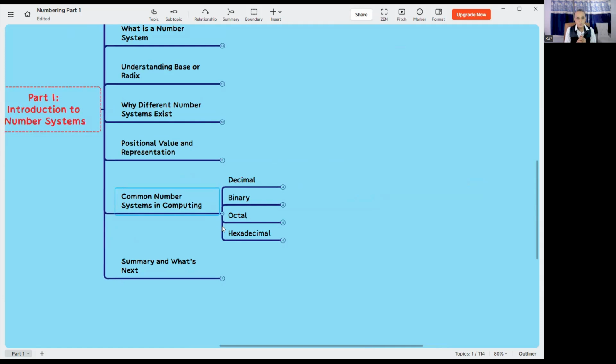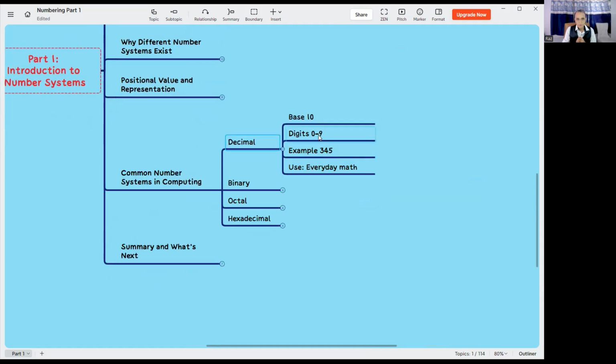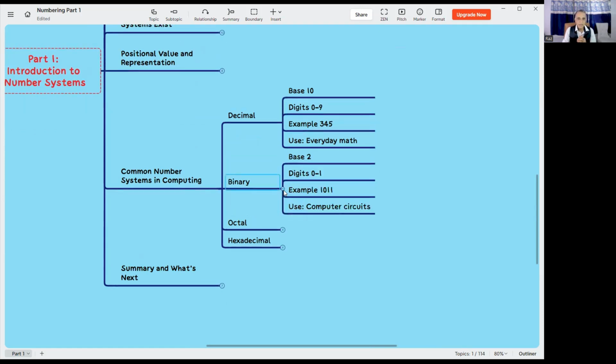What are the common numbering systems used in computing? As human beings, we use decimal in everyday maths and all the applications, everywhere for input. Wherever we want to give someone a count of something, everything is done by humans in decimal. Binary is used by all the digital equipment, because making circuits is easy in binary.